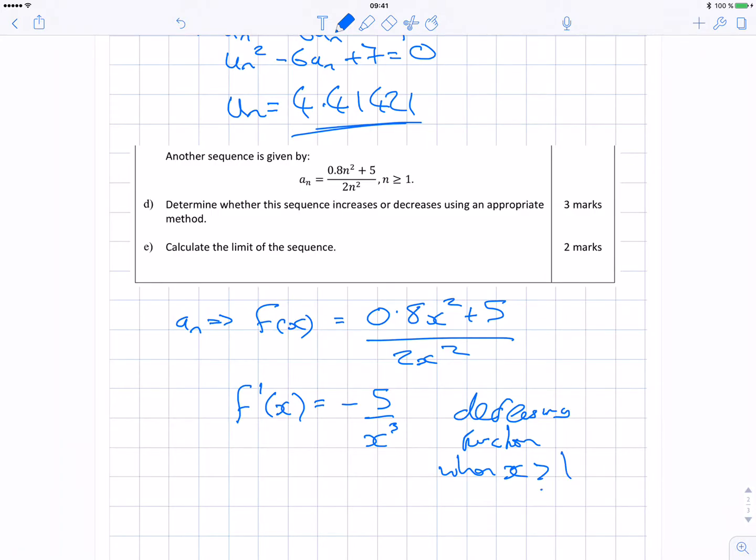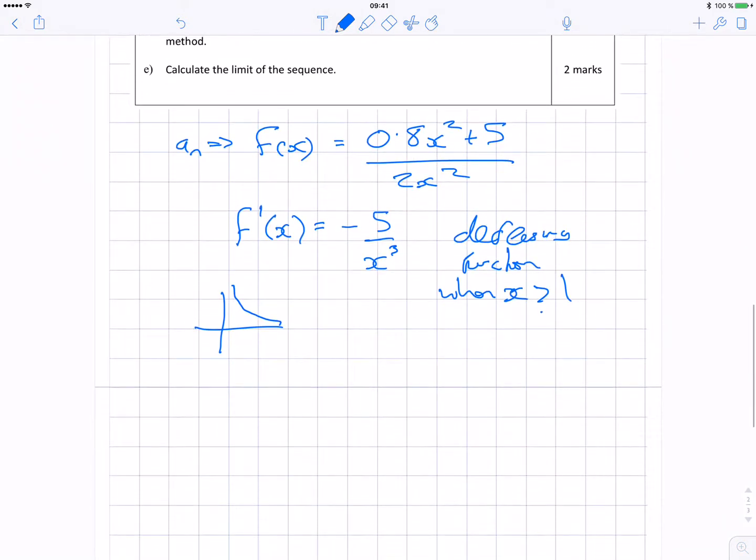But don't forget, we can say it's the same thing for n. We can also sketch that function, and if we put that function as a graph, we can clearly see it's doing something like that.